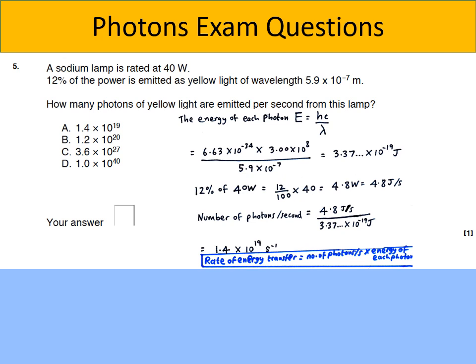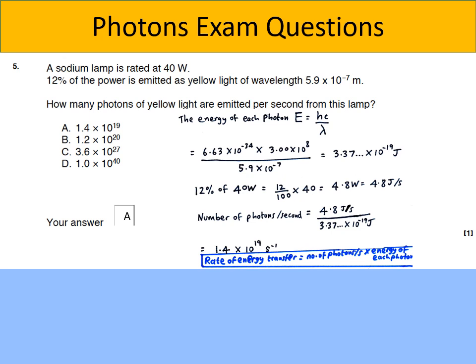So the number of photons per second is equal to 4.8 joules per second divided by 3.37 times 10 to the power minus 19 joules, which gives us 1.4 times 10 to the power 19 photons per second. So that tells us that the answer is A. Now there is a formula as well that we can use to work out the number of photons per second.